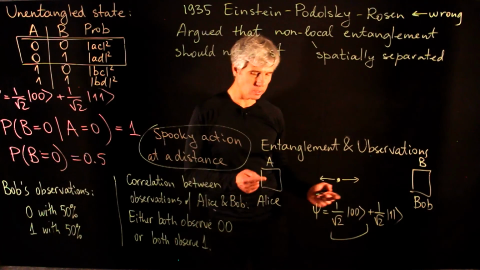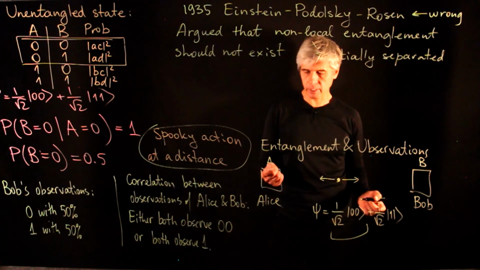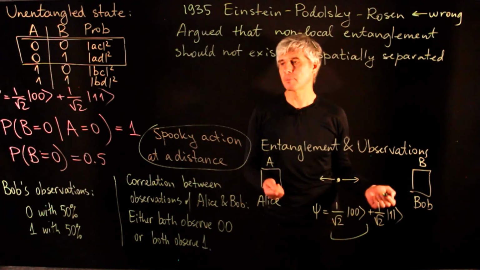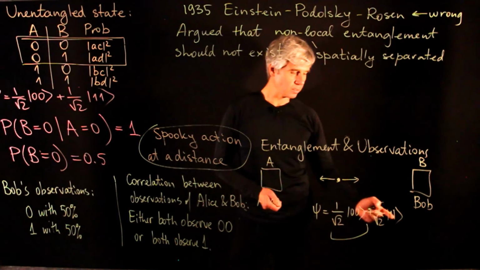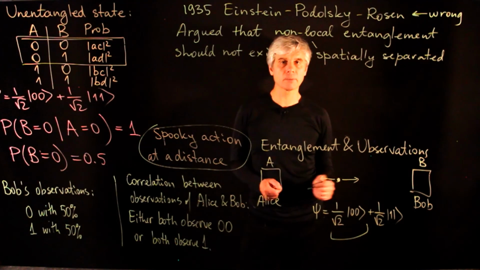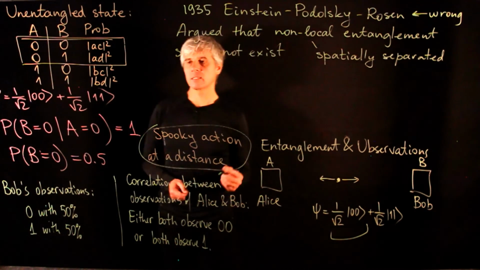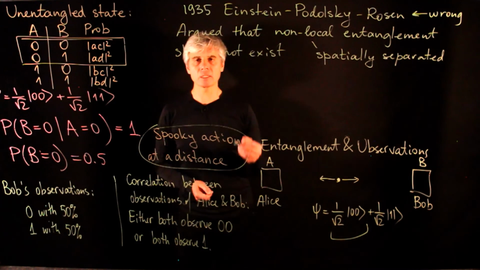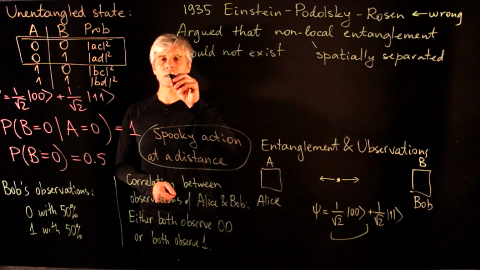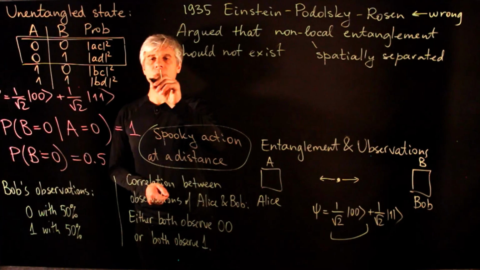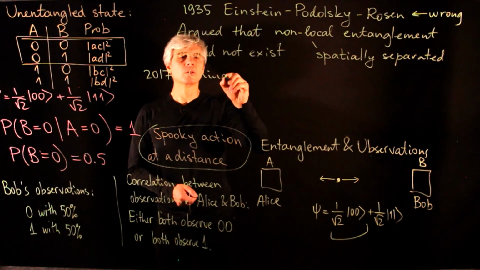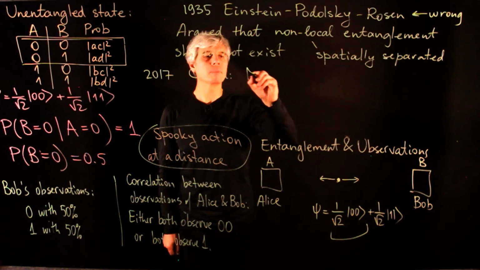Then this correlation of what happens with Alice and Bob was observed and proved that this entanglement existed even for spatially separated particles. And the ultimate experiment of this kind was performed in, well, 2017, when China launched a satellite, Micius.